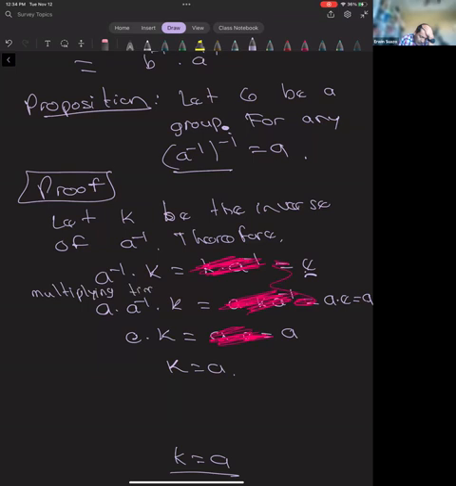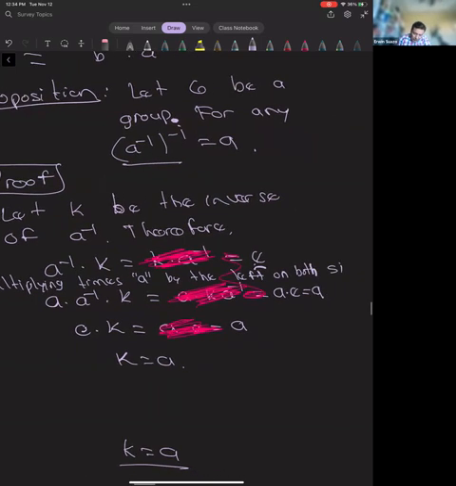Multiplying times A by the left on both sides. So I got A times A inverse times K, and A E equals E.